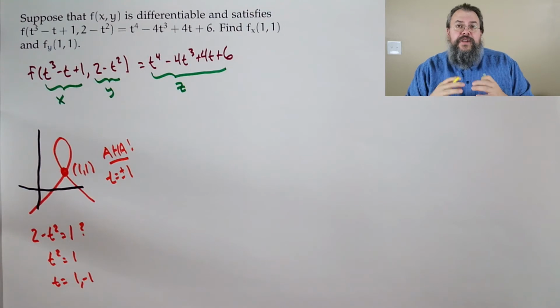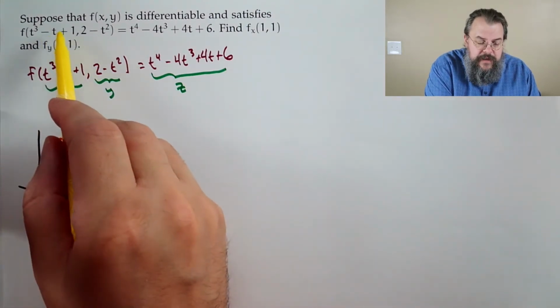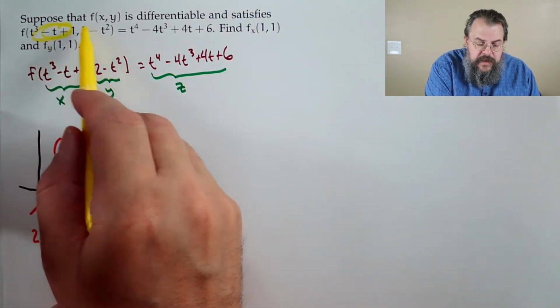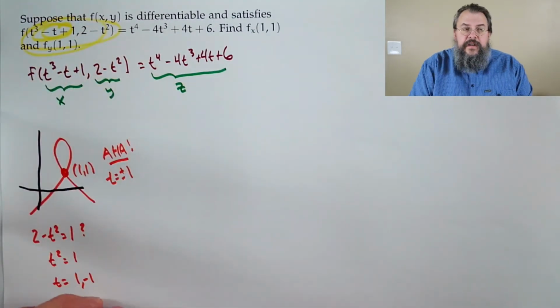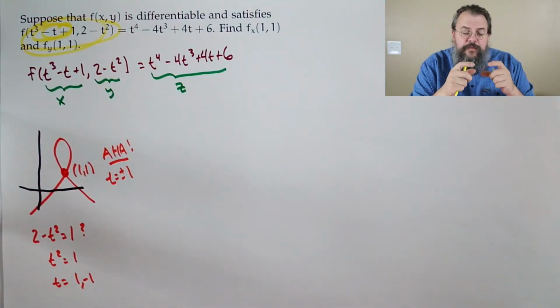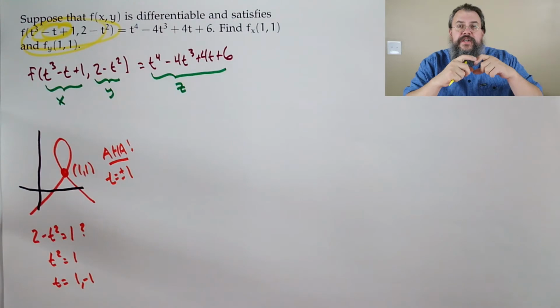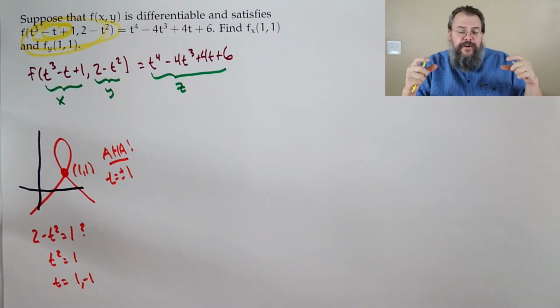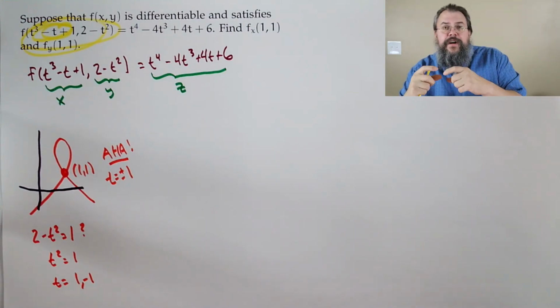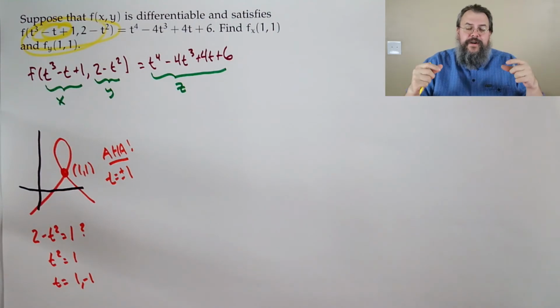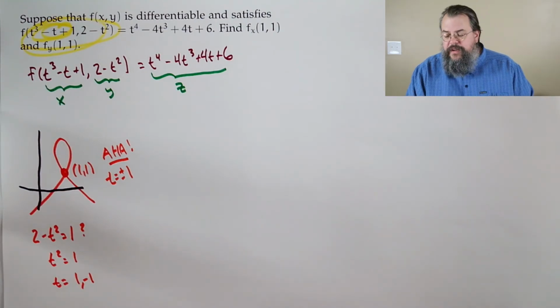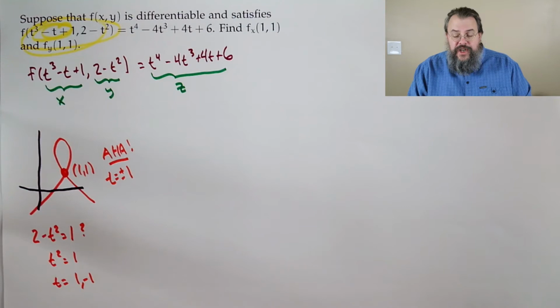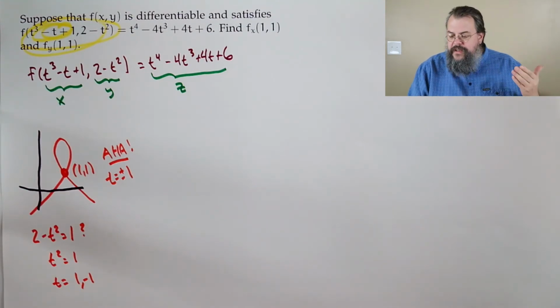The way we recognize chain rule is when we have a function inside a function. We see this t cubed minus t plus 1 is a function inside a bigger function, and the same thing with 2 minus t squared. Therefore we say, aha, this is chain rule, functions inside of functions, and we're ready to go.